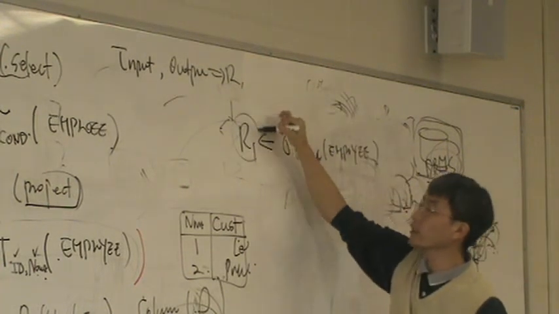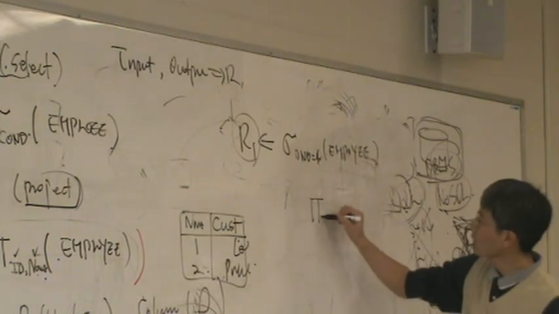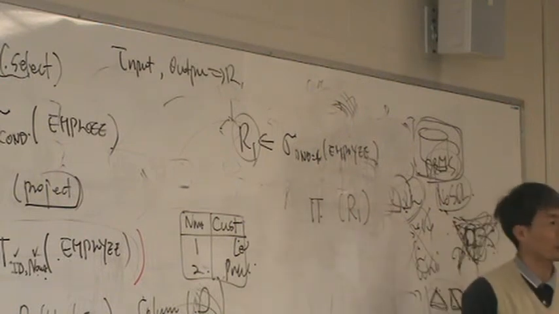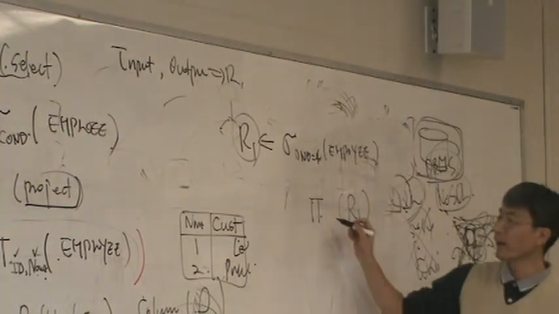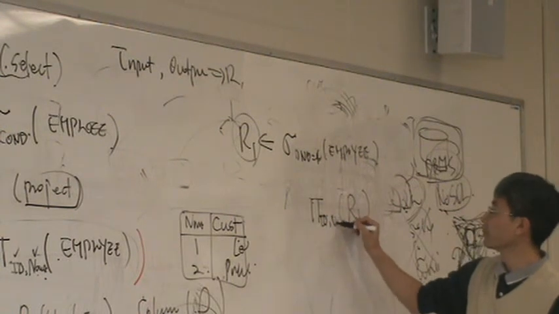Then R1 is also a relation. So we can use R1 as the input of another operation. Right? Then we apply projection for ID and name.